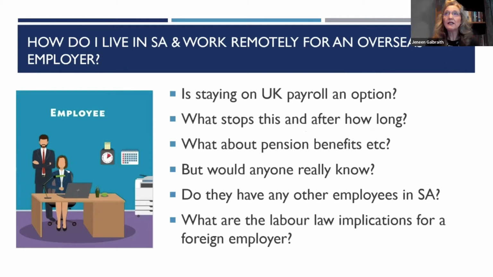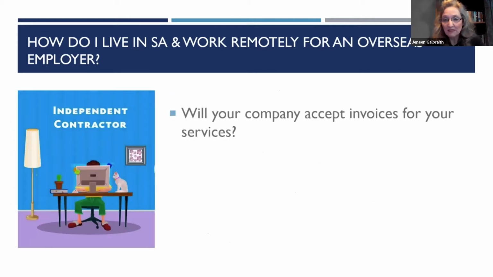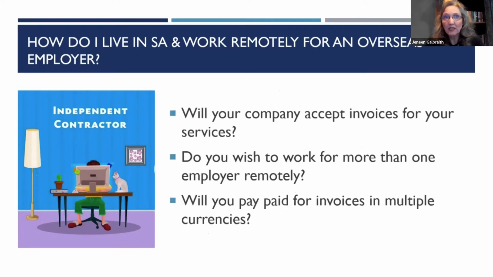So let me just go back to your slide there on employment versus independent contractor. Basically, in a nutshell, an independent contractor is a very, very tax efficient way for people to earn income and to record their taxes in South Africa. It gives you the ability to make a lot of deductions, tax deductible expenses. Whereas employees are obviously much more limited in what they can deduct against their income.